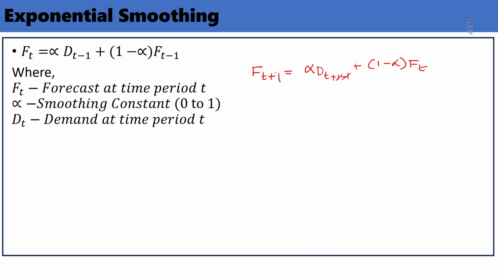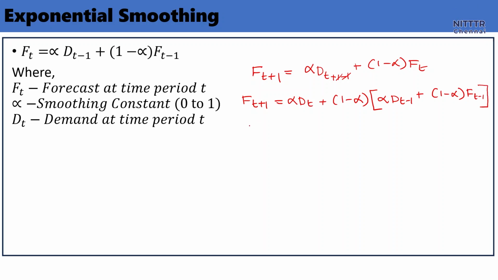Now, let us replace this F t with this formula. So, now it will become alpha D t plus 1 minus alpha into F t, which can be written as again alpha D t minus 1 plus 1 minus alpha into F t minus 1.